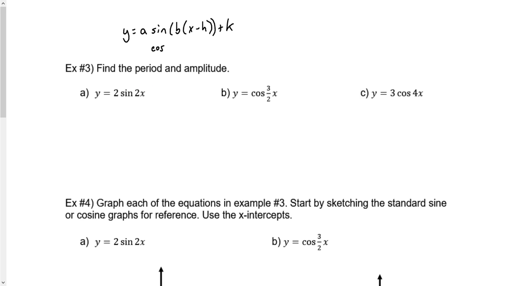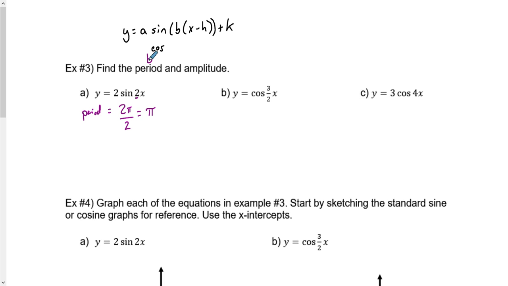The period is affected by the b value, so whatever number is in front of the x. The period, how long it takes to repeat a single oscillation, or a single time to go up, down, and back, just takes 2 pi and divides it by the b value. In this one, it's 2. So 2 pi divided by 2 is just going to be pi.